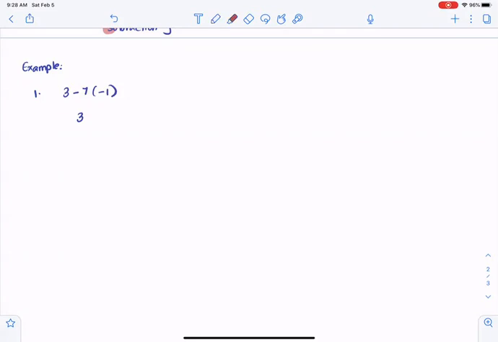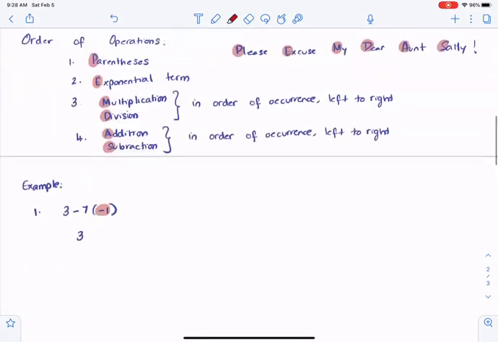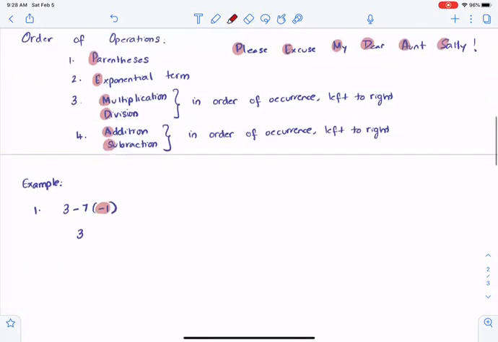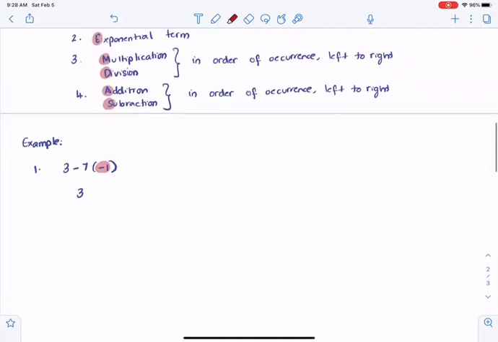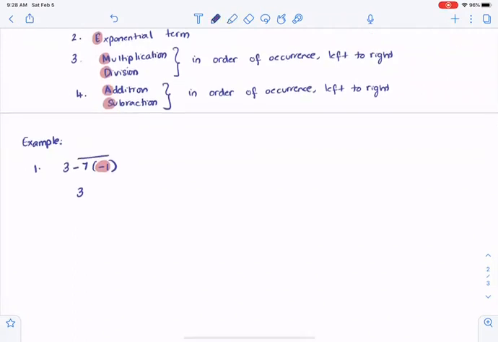The nice thing here is there is nothing to simplify inside that part. No exponential terms, we can skip that part. Now we do have multiplication, so I'm going to go from left to right. So -7 times -1, +7. Now I end up with an expression that has addition and subtraction, left to right, 3 plus 7, 10.